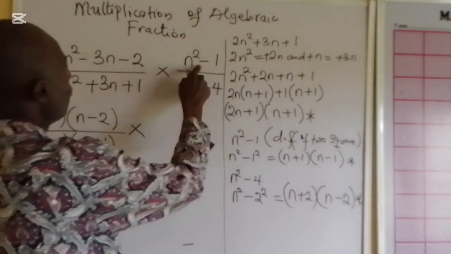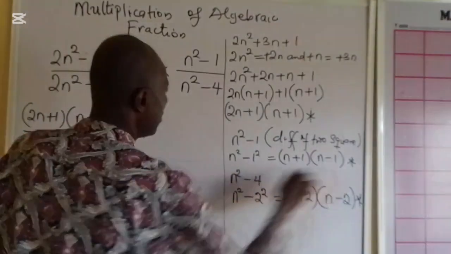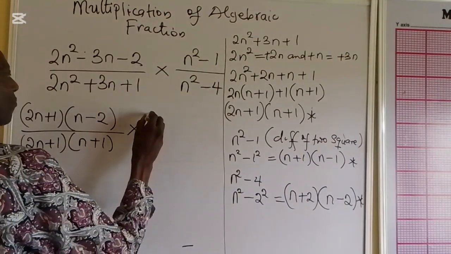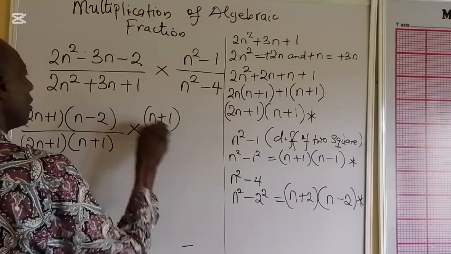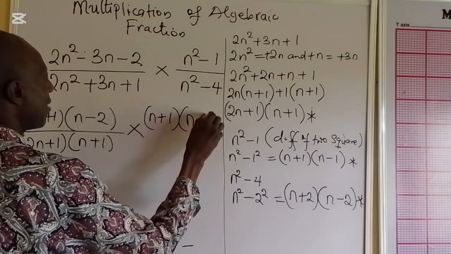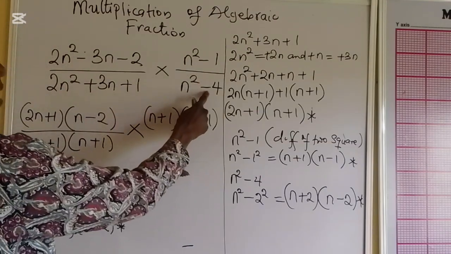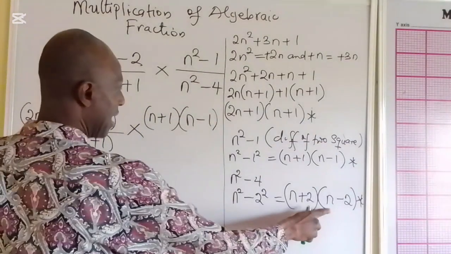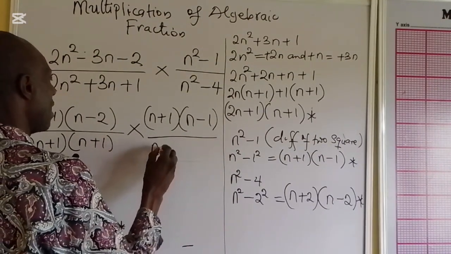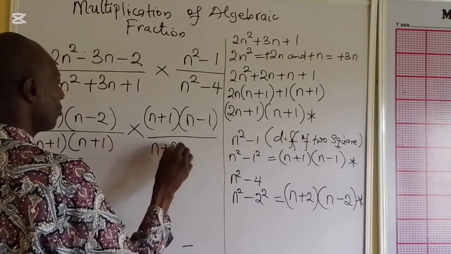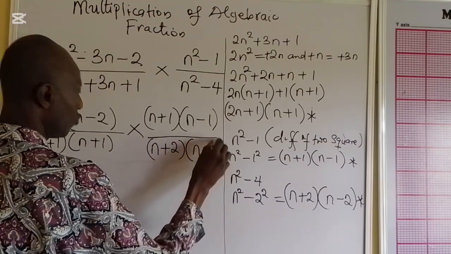What is n² − 1? Difference of two squares, which is (n + 1)(n − 1). Okay, what is n² − 4? It is now (n + 2)(n − 2).